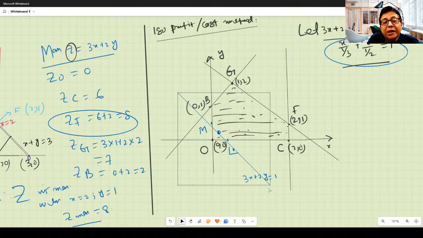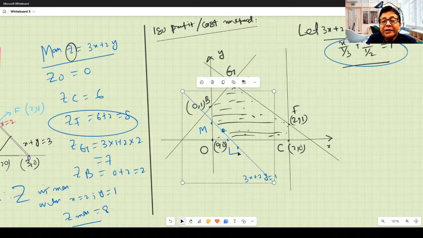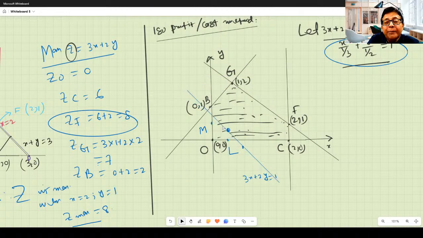This line I need to move parallel to itself. Okay? If I move it parallel, then what is happening? It's going like this, intersecting all the points of the feasible region.